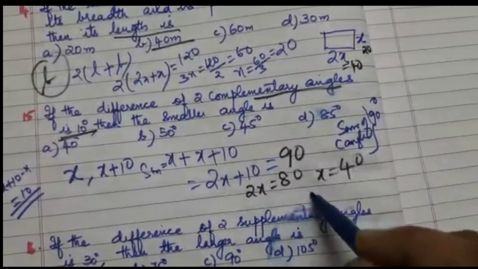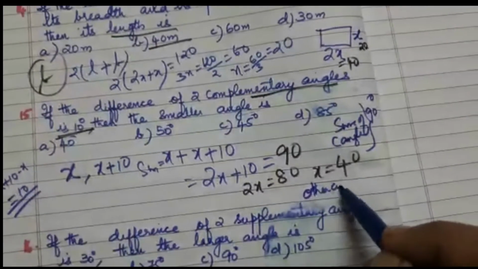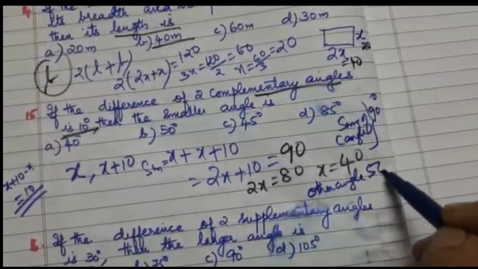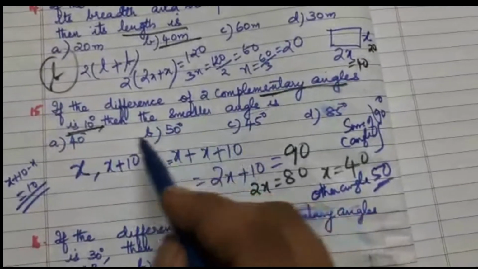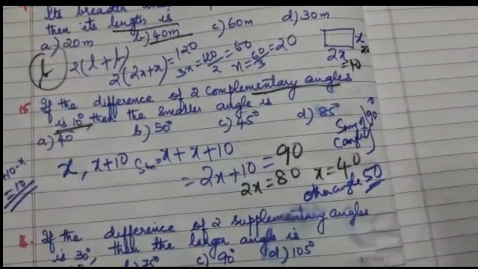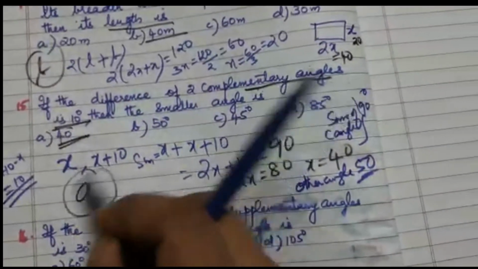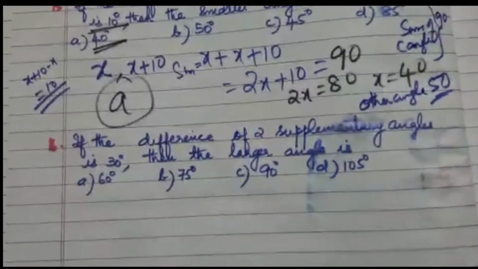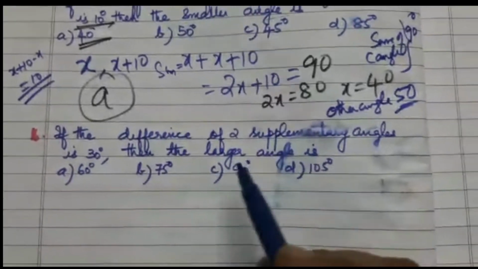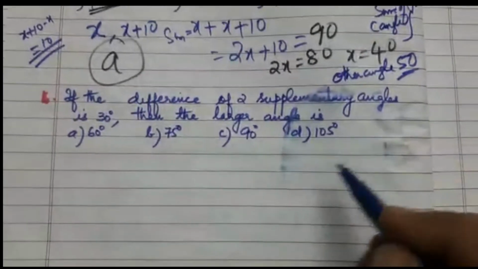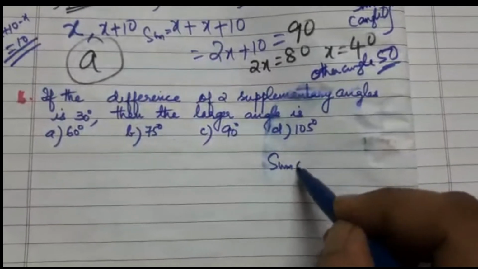So the other angle is x plus 10, that is 50. So find the smaller angle. What is smaller? 40 or 50? Which is smaller? 40 is small. So answer is A.